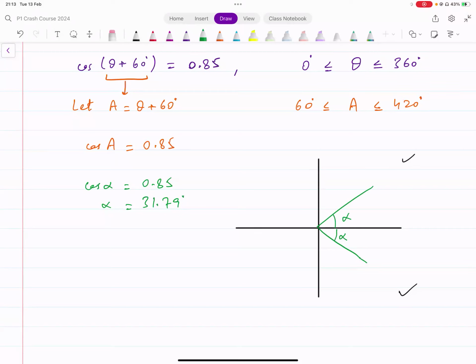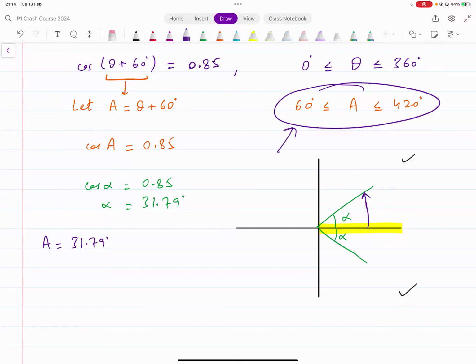Okay, where do we have to measure angles from? From the positive x-axis. Let's see the angles that we can get from this. So the interval for A is positive. We only have to go in the anti-clockwise direction, right? We don't have to go clockwise. This is the first angle that we get for A. What's that? A equals 31.79. But is that in the interval?